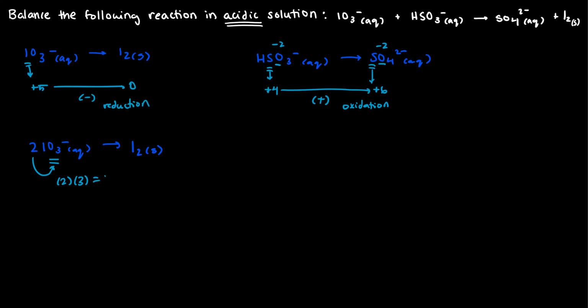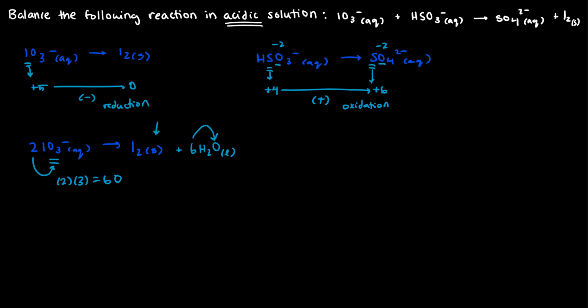So we have 6 total oxygens, and we need to have 6 oxygens on the right side as well. So we need to add 6 molecules of water. The reason we do this is because contained within these 6 molecules of water are 6 oxygen atoms. And so now we've balanced our oxygen.